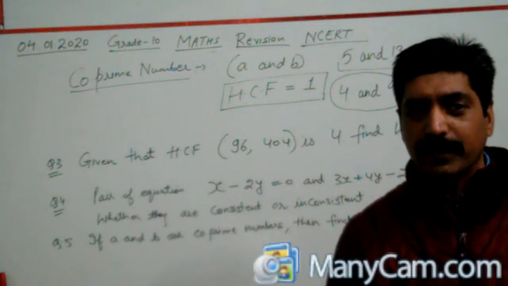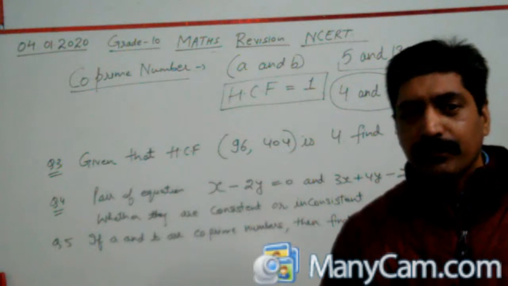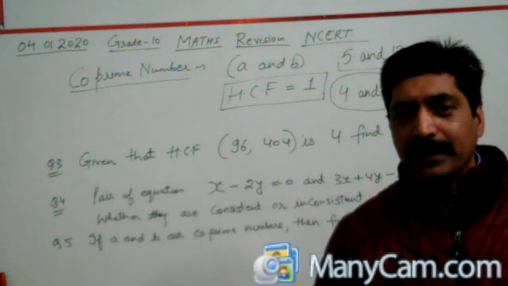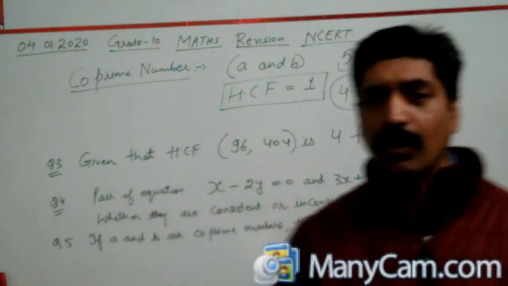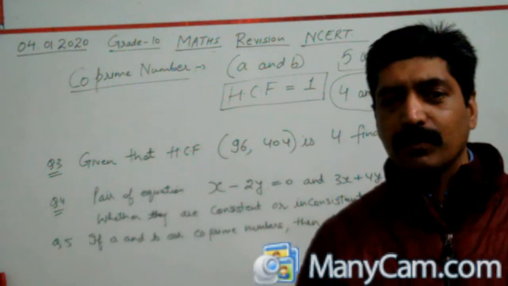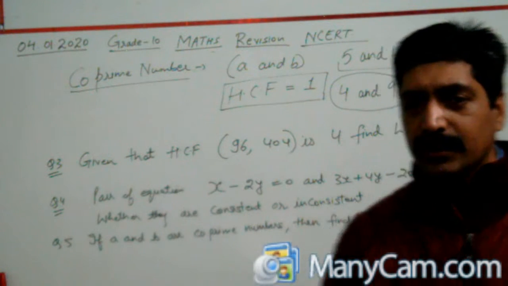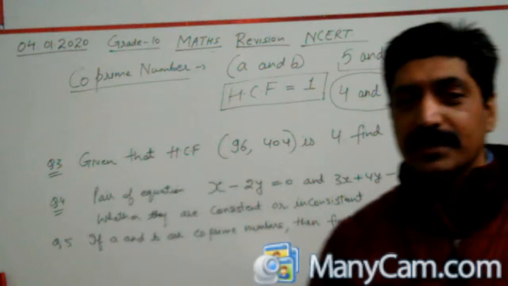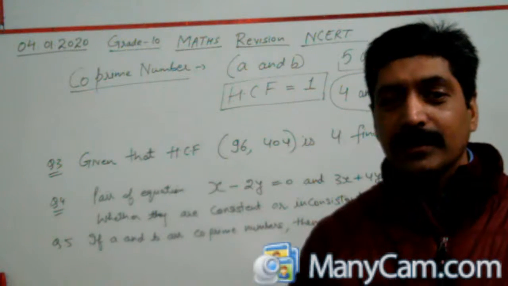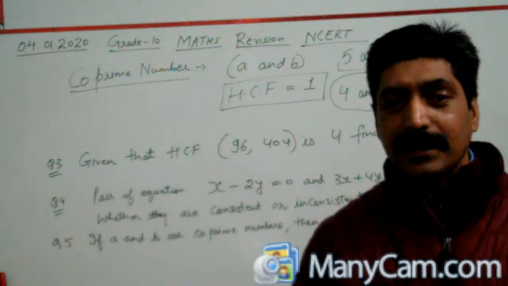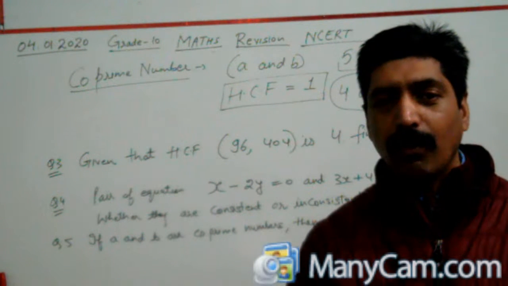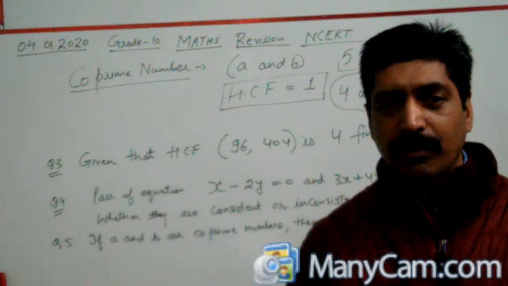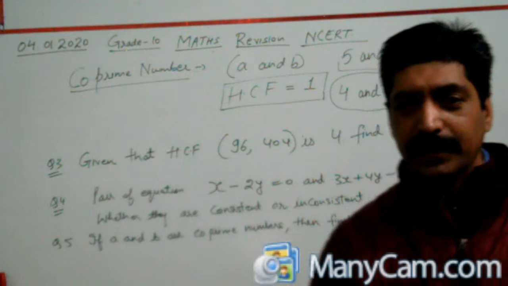Most of the time a question is there either from probability or from any other topics. So you should learn all the prime numbers between 1 to 100. If some student is having any doubts, you can check in the grade 6 NCERT mathematics. You will find a beautiful table of all prime numbers from 1 to 100.